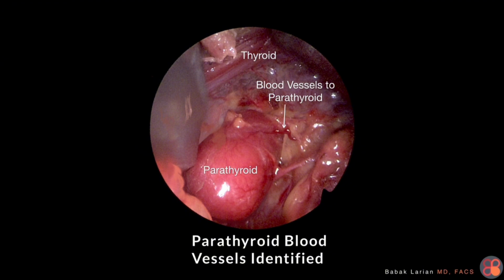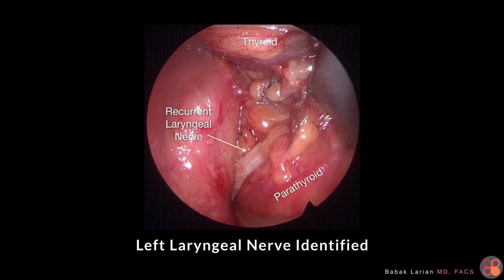And then again, further dissected, and then the blood vessel is very obvious now. This whole thing is a parathyroid. And in order to do a safe removal, I'm going to try to find the nerve. And this is the nerve that's underneath this parathyroid.